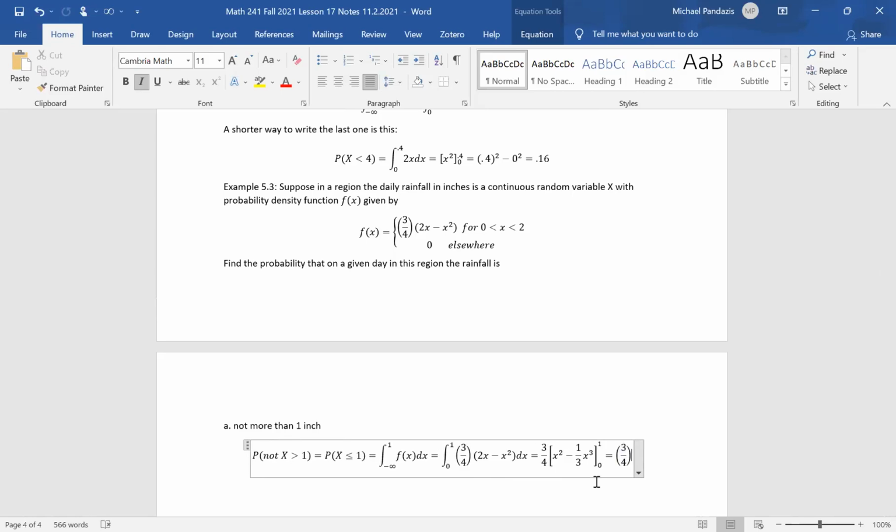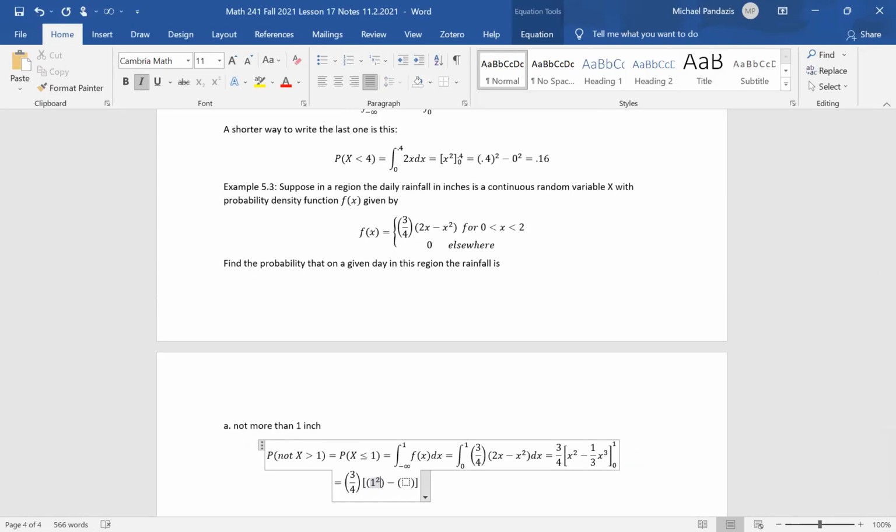Now we have the value at 1, which is 1 squared minus 1/3 times 1 cubed, minus the value at 0, which is 0 squared minus 1/3 times 0 cubed.